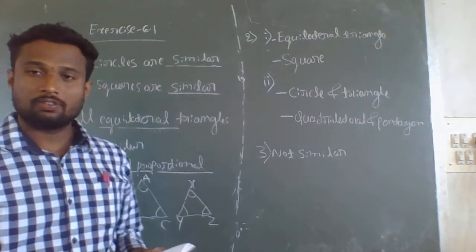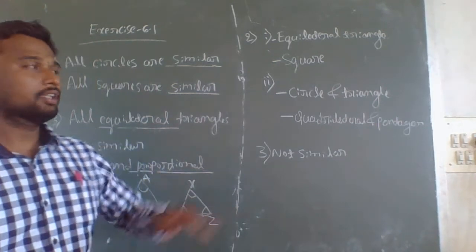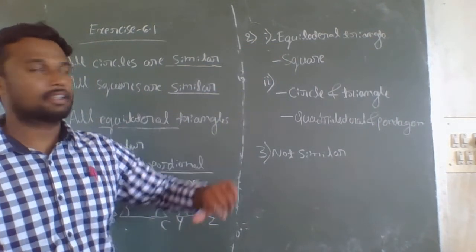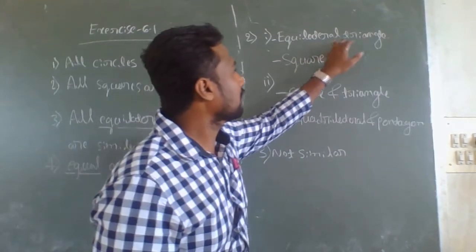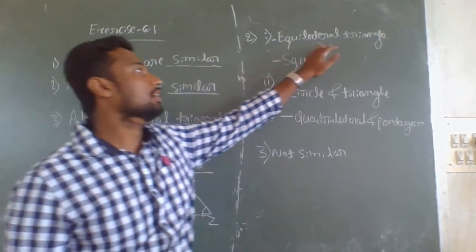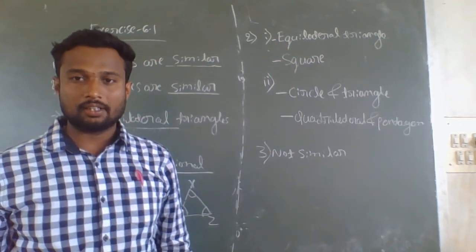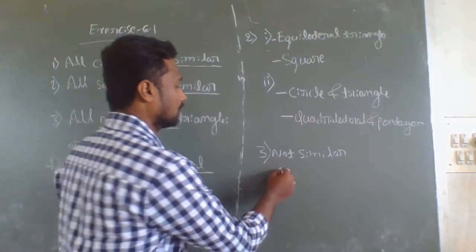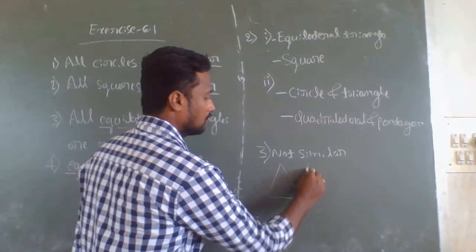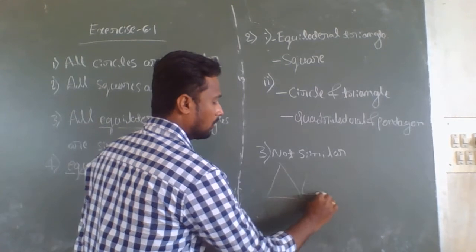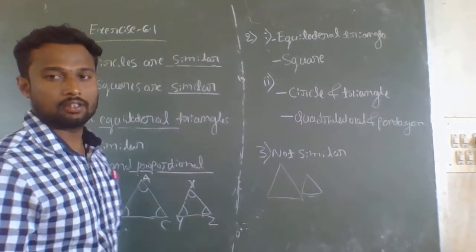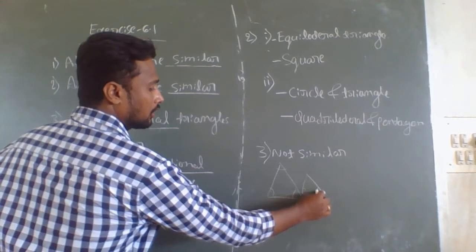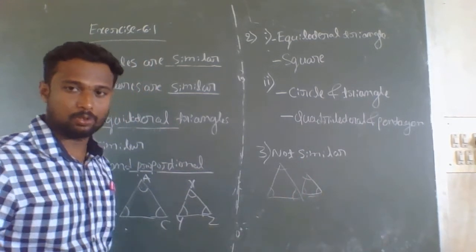So here, I have written examples for similar triangles. Equilateral triangles. All the equilateral triangles are similar triangles. Why? Just now I have discussed that for similar equilateral triangles, all the angles are equal to each other and all sides are equal to each other. Therefore, corresponding angles are equal to each other and corresponding sides are proportional.